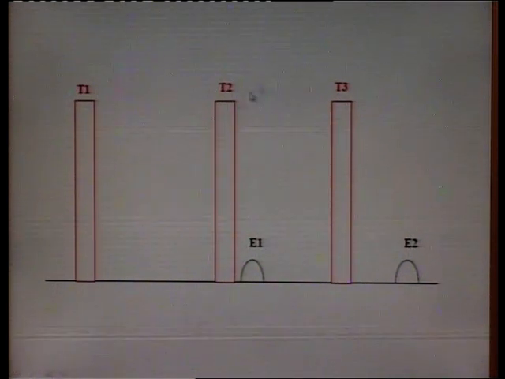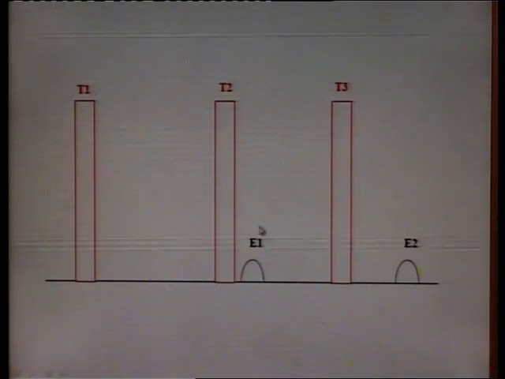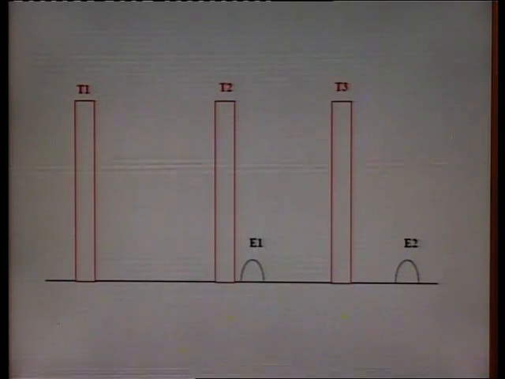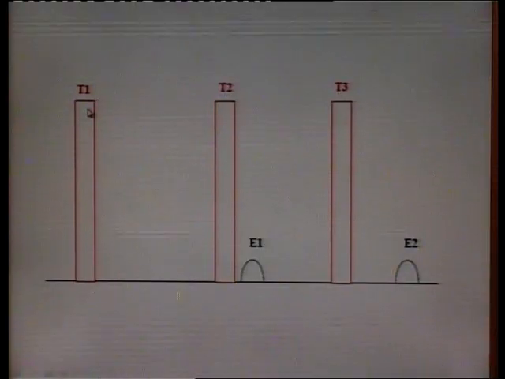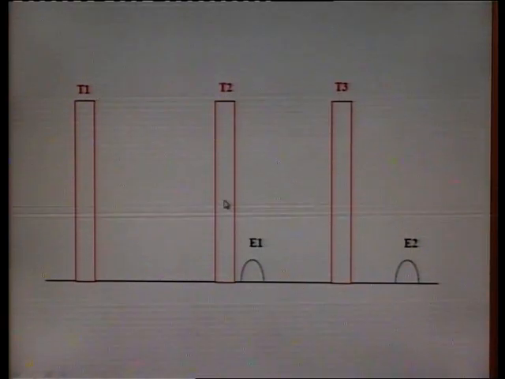When this pulse is transmitted, after some time, here E 1 is the first echo signal, you receive one echo signal. Now, here the problem or the confusion is that this signal is transmitted and we are waiting for the echo signal to come.